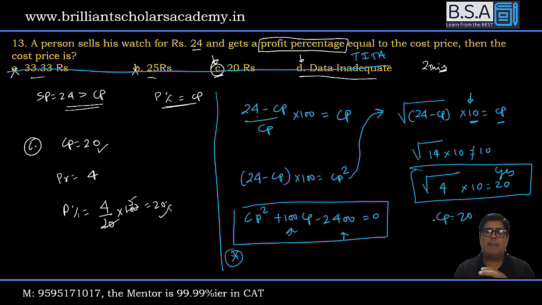Second approach is to be used when options are not there. This becomes a slightly advanced question. Now you might be thinking, sir, cost price could be in decimals. No, it cannot be. The way you see we get the square root and CP, cost price cannot be decimal, and further it is a theta question.